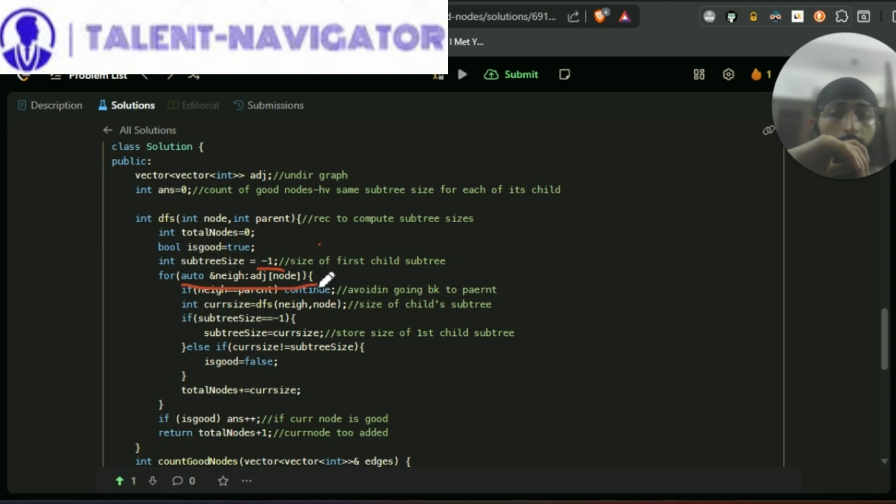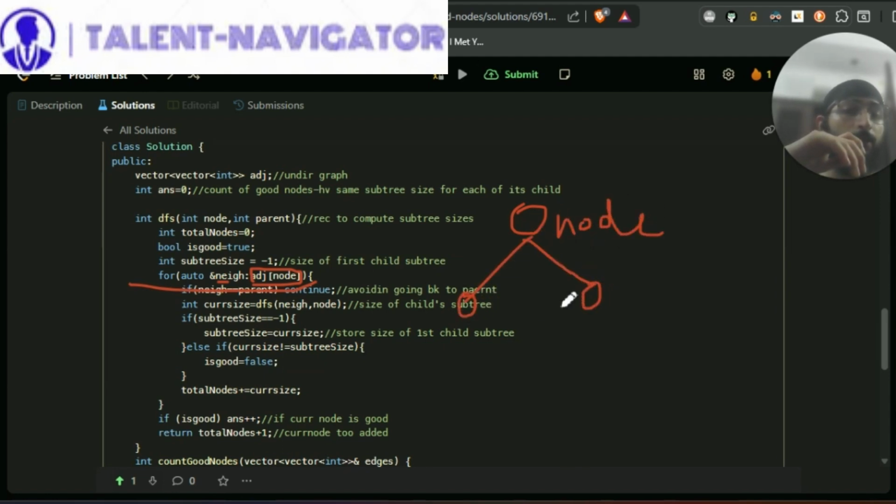Now we perform DFS. To go over each neighboring node, we use the syntax for auto neighbor in adjacency of node. Let us say this is the node, and these are the neighbors of this node, which we get from the adjacency list. If the neighbor is equal to the parent, we have to avoid going back to the parent.